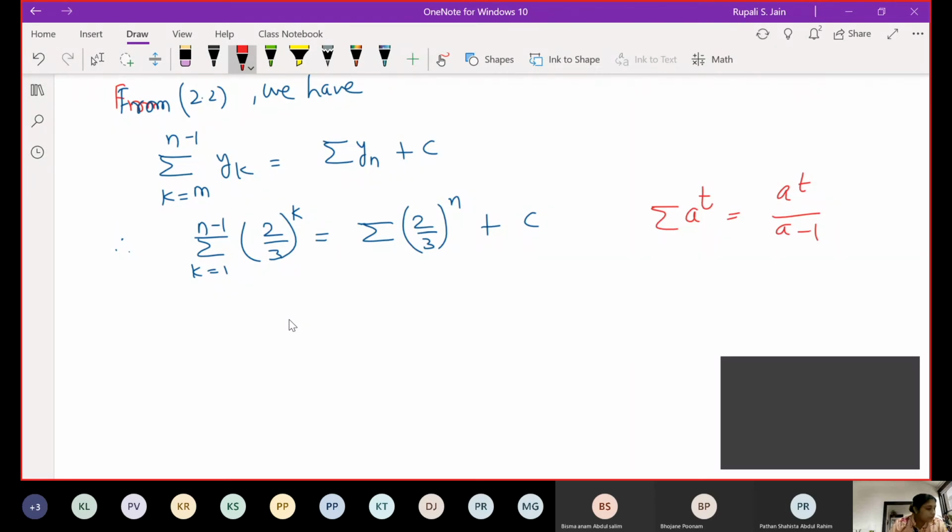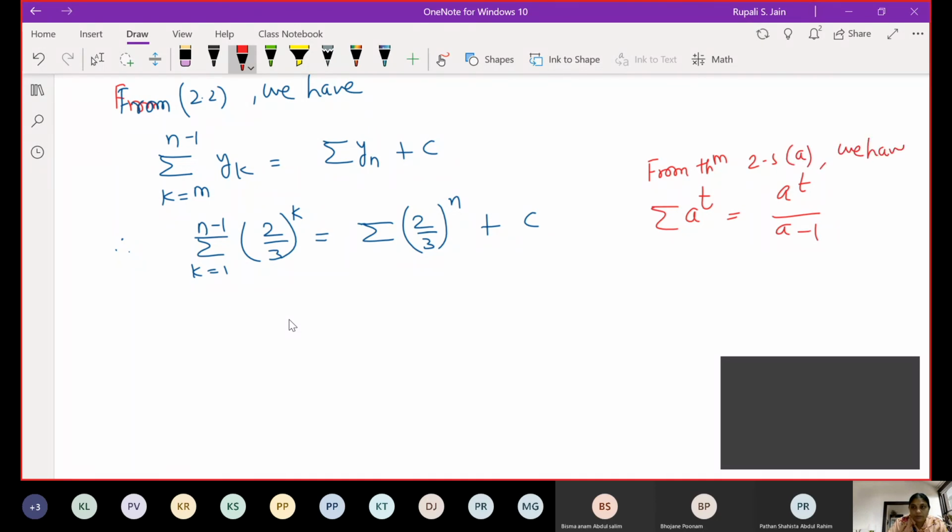So from the theorem, whatever it may be, I think 2.5a. Yes, it is Theorem 2.5a.